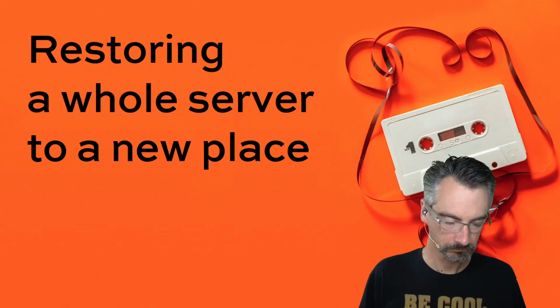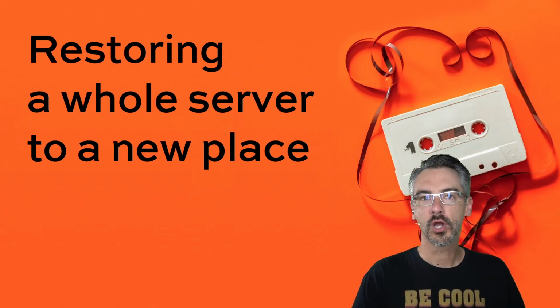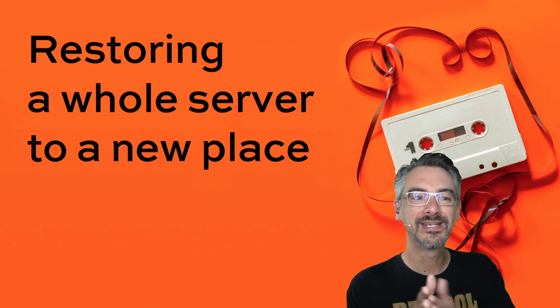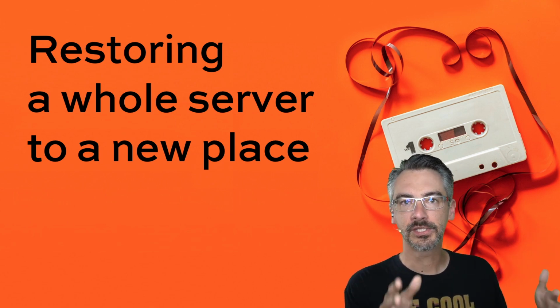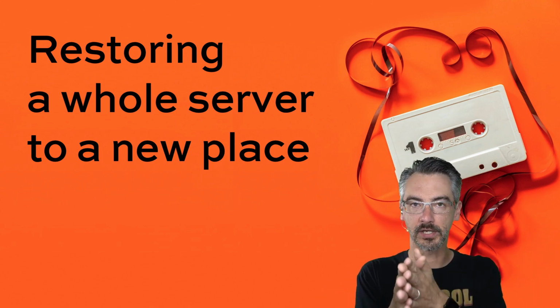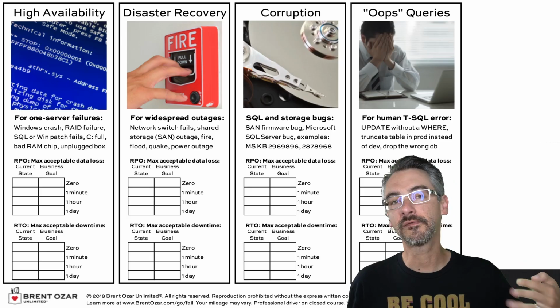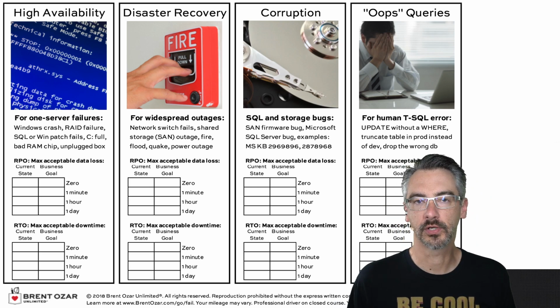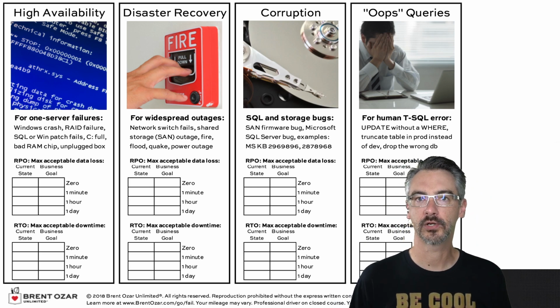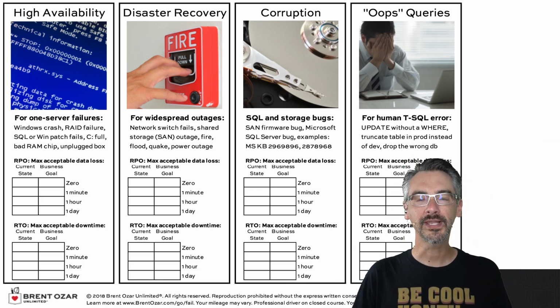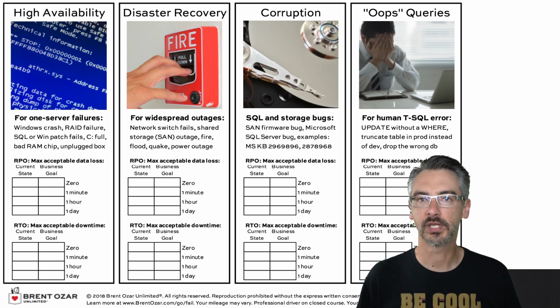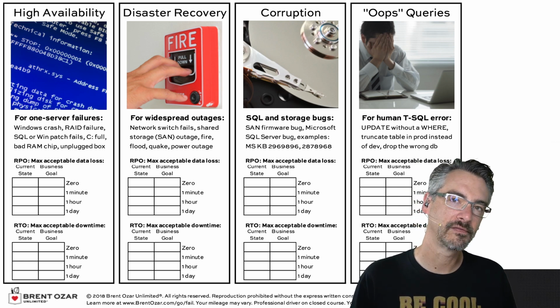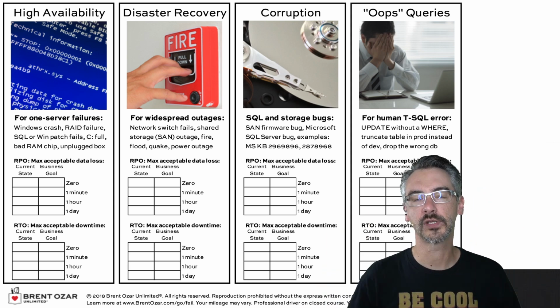So next up, restoring a whole server to a different place. Instead of restoring it to the same data center, let's think about restoring it to a different data center. Inside my First Responder Kit, if you download it from BrentOzar.com, I have a multi-page PDF that I like to print out and give to executives.